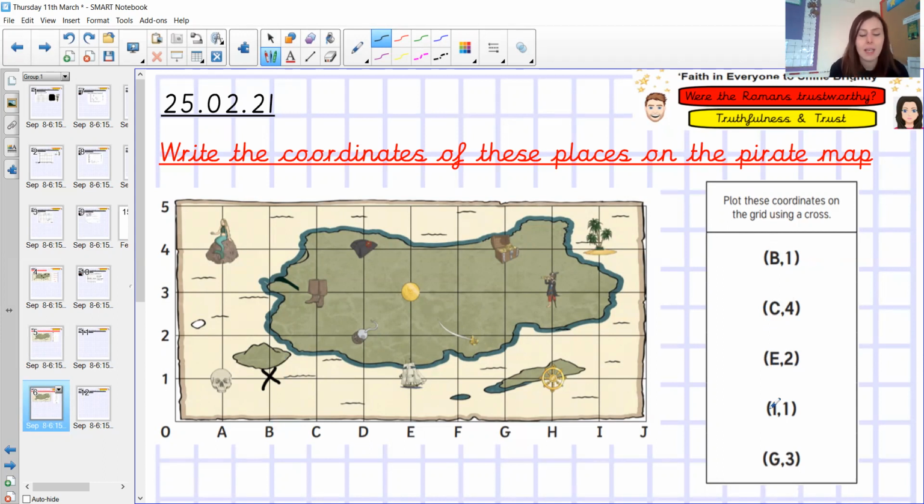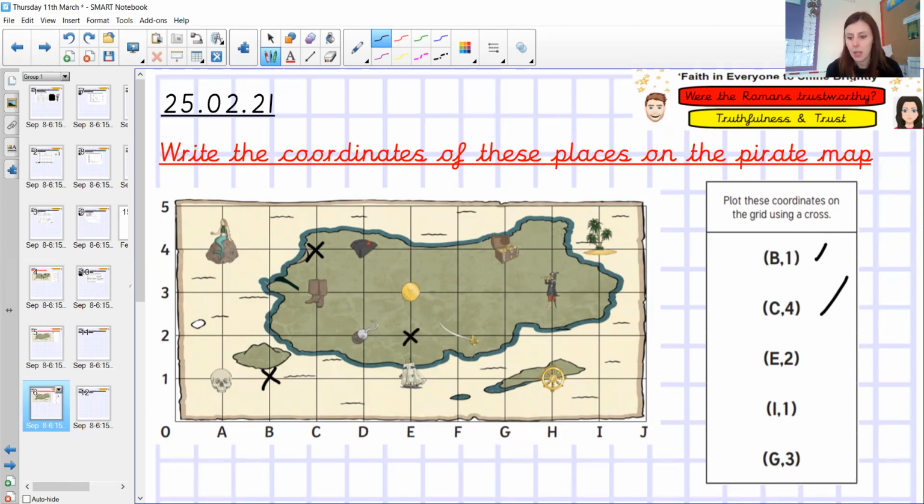Brilliant. Okay, let's talk through where you plotted those coordinates on your grid using a cross. You've got C4: along the corridor, C, up the stairs, 4. Brilliant, so we've done that one. E2: along the corridor, up the stairs to E2.